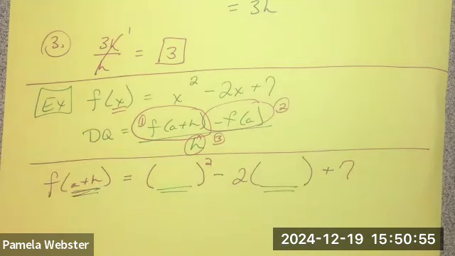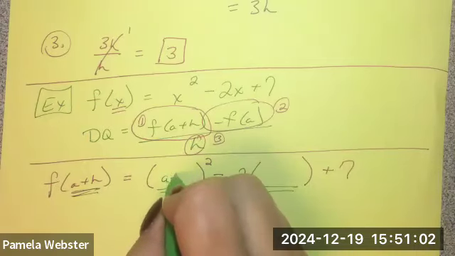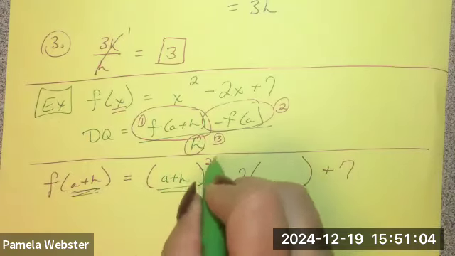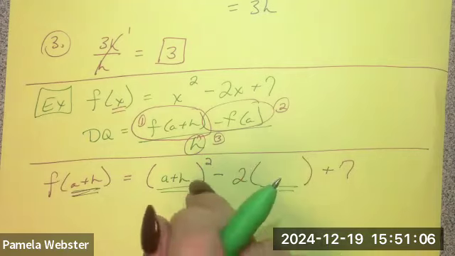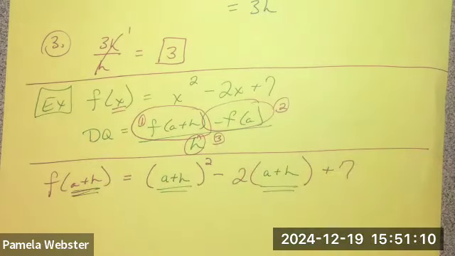Probably one of the toughest steps here for a lot of people is this a plus h. The first one is being squared, right? So we're going to play with that in just a second. So that's what it looks like whenever I put the a plus h's in. Okay, a plus h squared minus 2 times parentheses a plus h plus a 7.